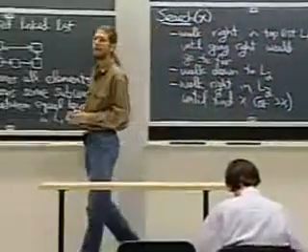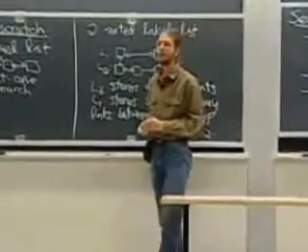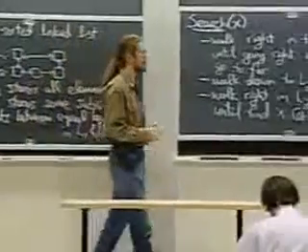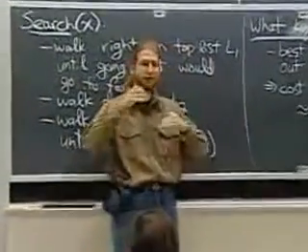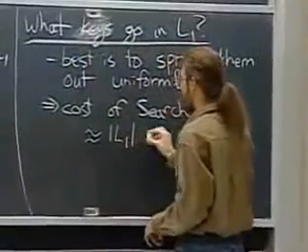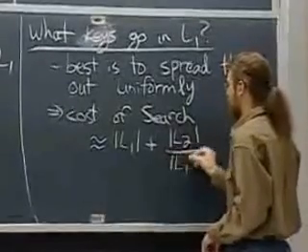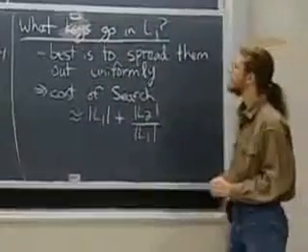Right, the total number of elements in the top list plus the division between the bottom and the top. So I'll write the length of L1 plus the length of L2 divided by the length of L1. There's maybe a plus 1 or so here.